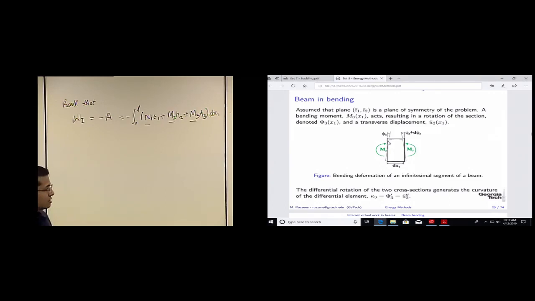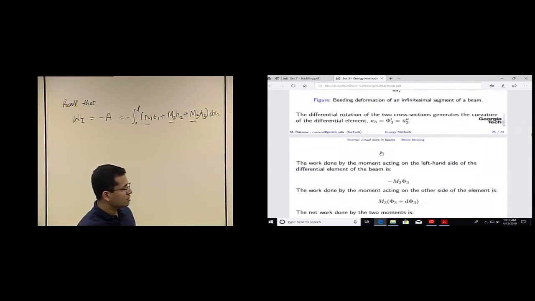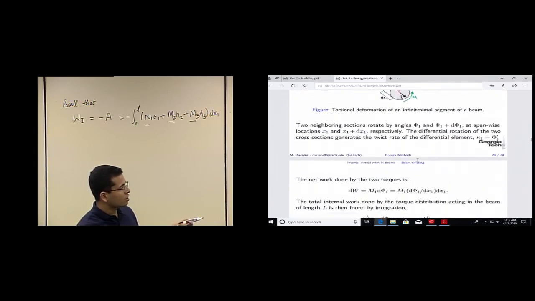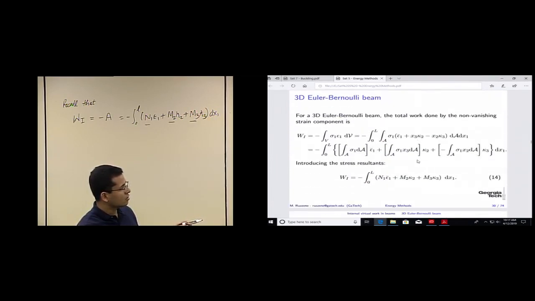If you look at the slides which have already been posted as energy methods, you can find a derivation on how to get the internal work done in terms of the moments and curvatures, and similarly for a twisting beam, for a 3D Euler-Bernoulli beam.